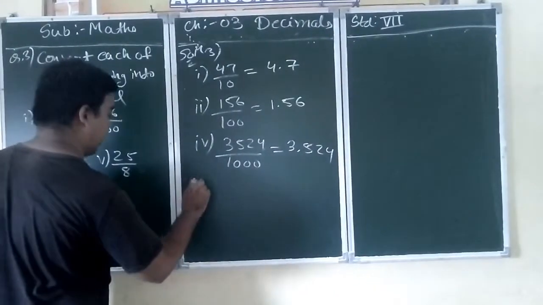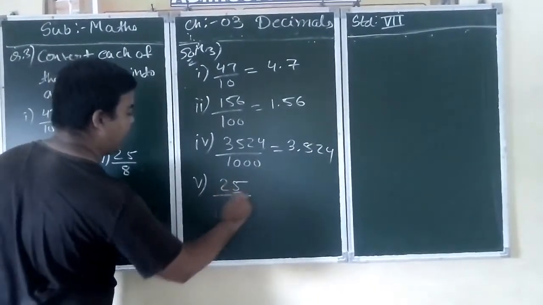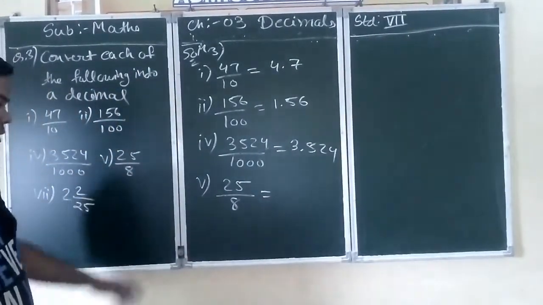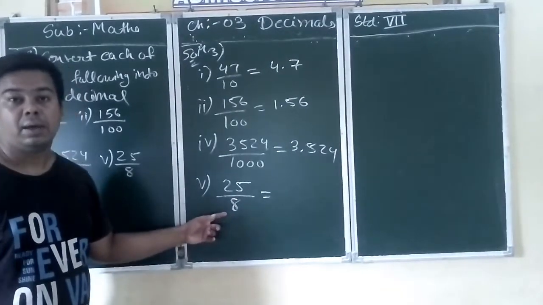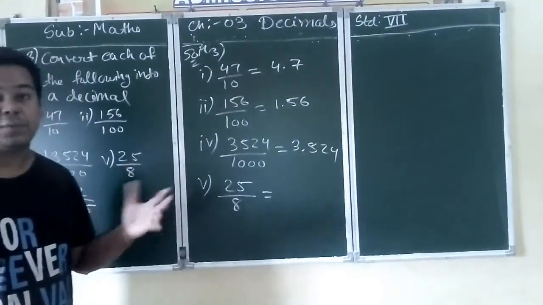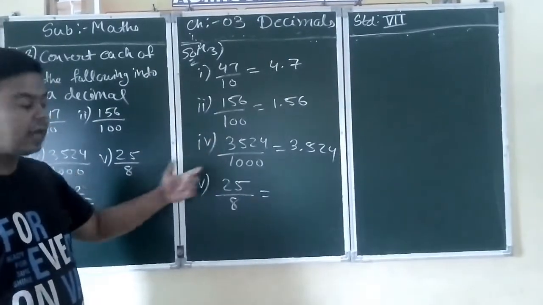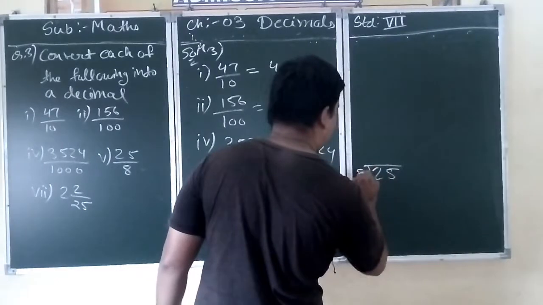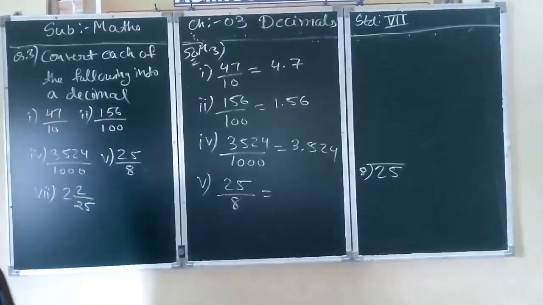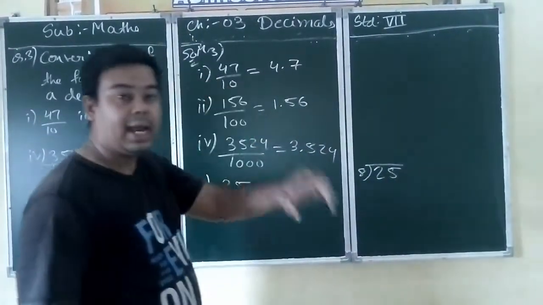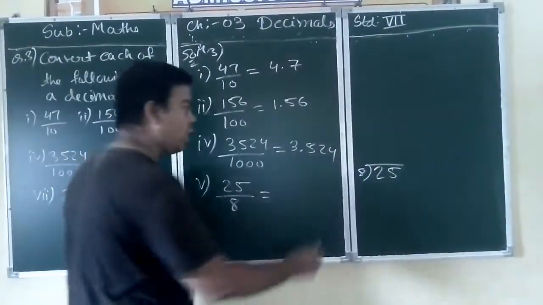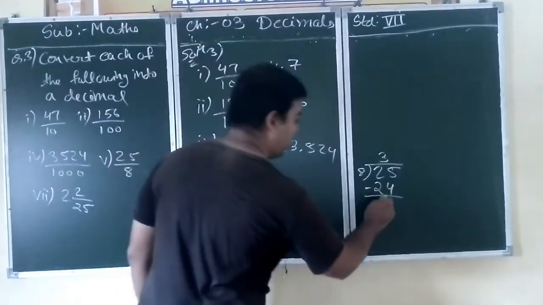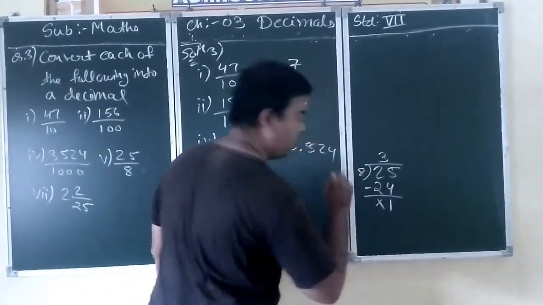But suppose the question is like this: 25 by 8. Now how do you write this value in decimal form? Because we cannot multiply 8 by any number to get 10, 100, or 1000, what to do? We directly divide 25 by 8. 8 threes are 24. 5 minus 4, 1.